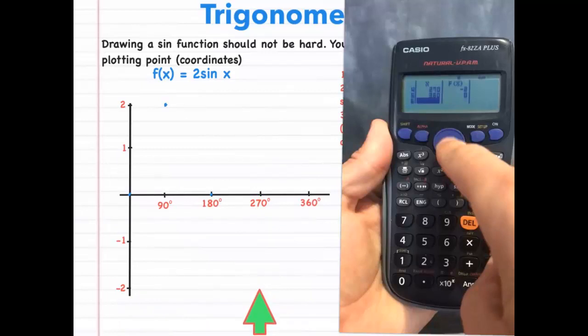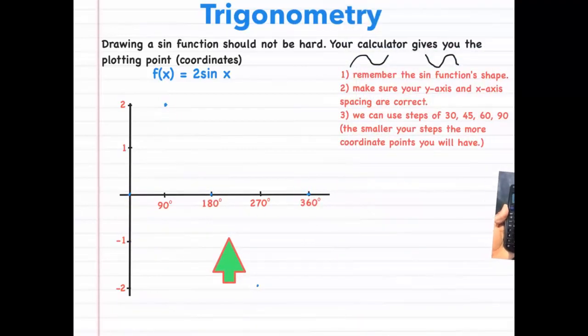Then I make another blue dot, which is another coordinate point. Then I go to 360 and 0. This is my 360, and my 0 on the y-axis is right there on this line, so I can plot another point right there. So basically these are the coordinate points, and now I can quickly put away my calculator.